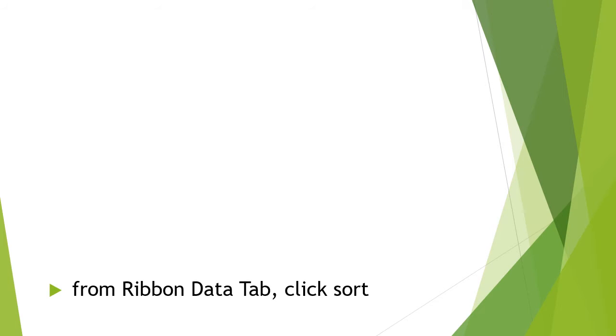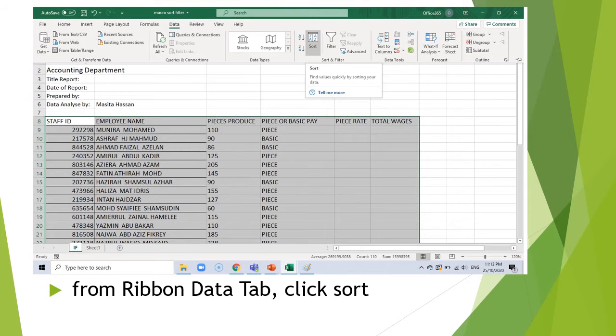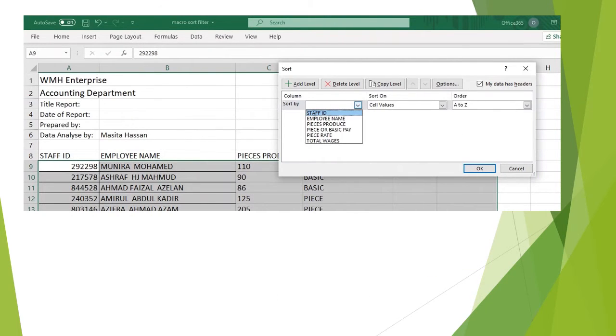From the ribbon Data tab, after you highlight the data to be sorted, you click the Sort icon and a small pop-up window will come out.